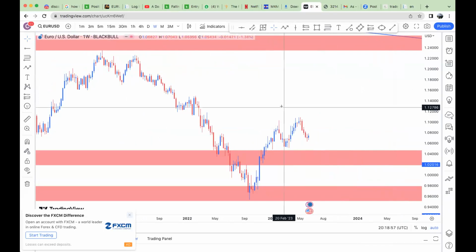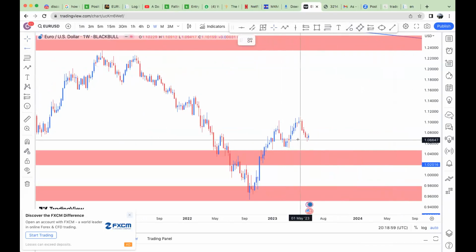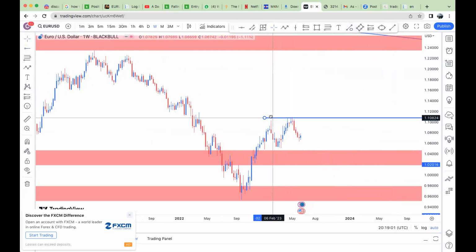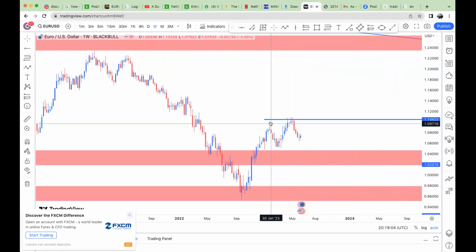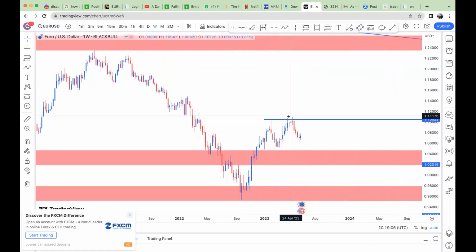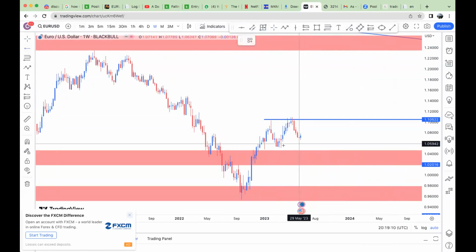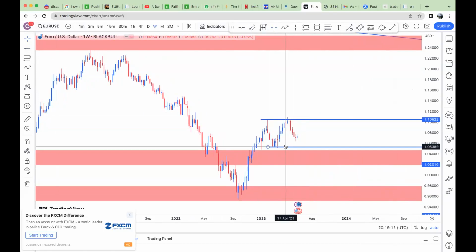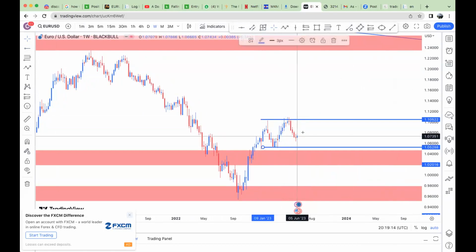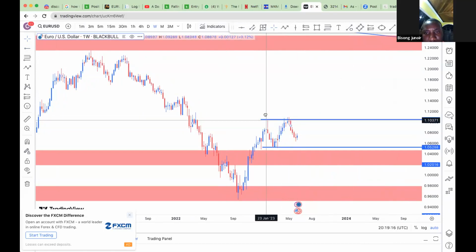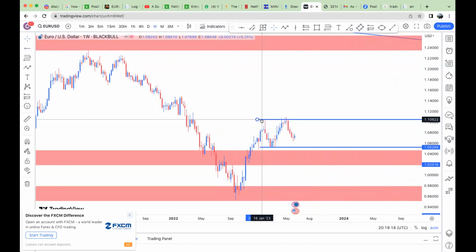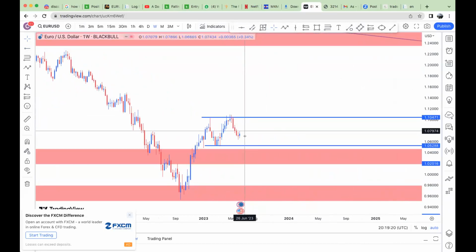We also have another double top here. Price came here, went up, it's coming down. This is the neckline. So this is on a weekly basis.